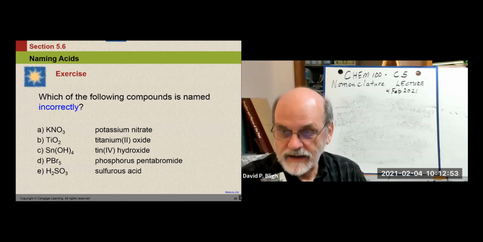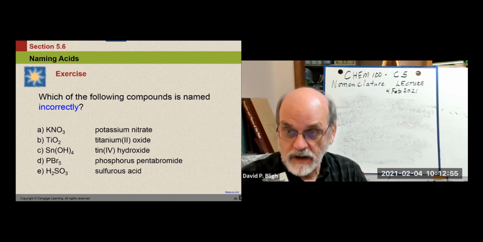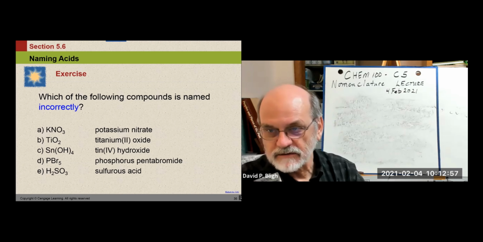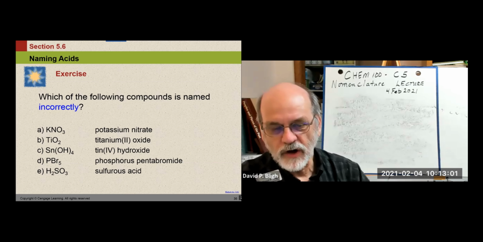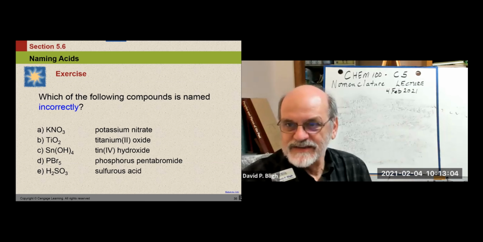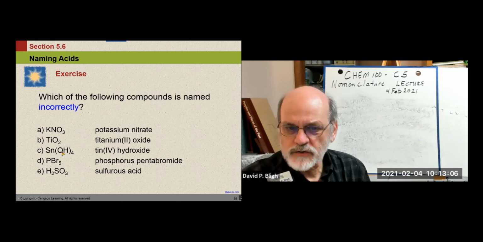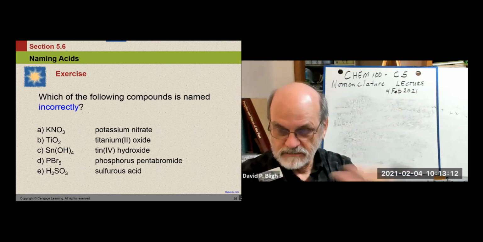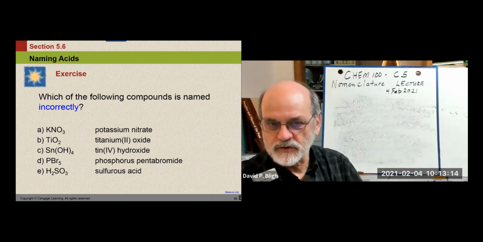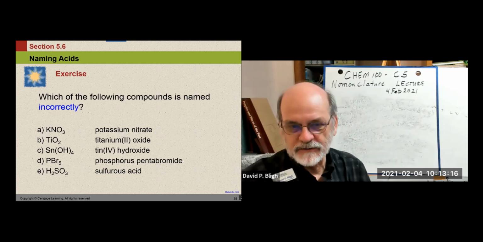You just name it like it was a compound, and it just happens to be dissolved in water. So that's convenient. We don't have to learn a whole new set for bases. When this goes into solution, the hydroxyls come off as a single unit and do their thing in water, which we'll talk about in a later chapter.